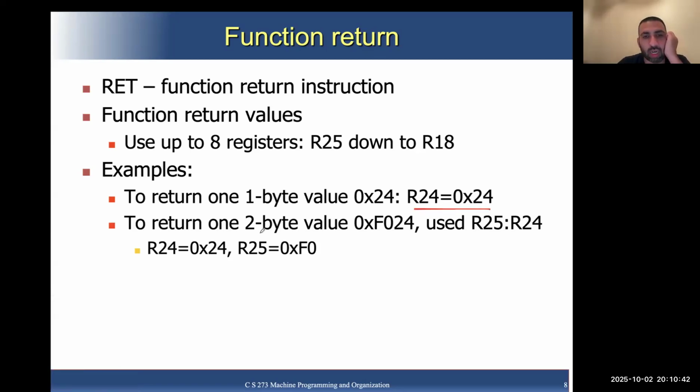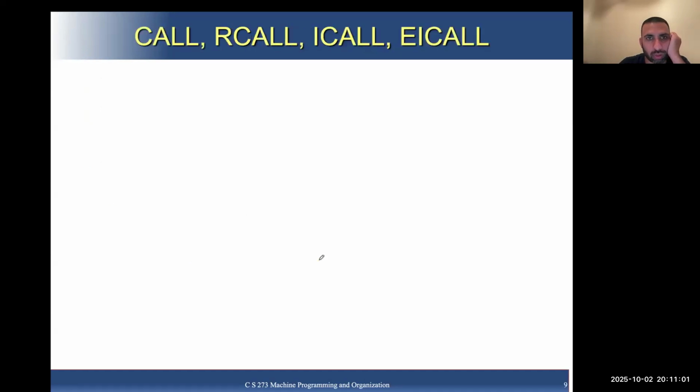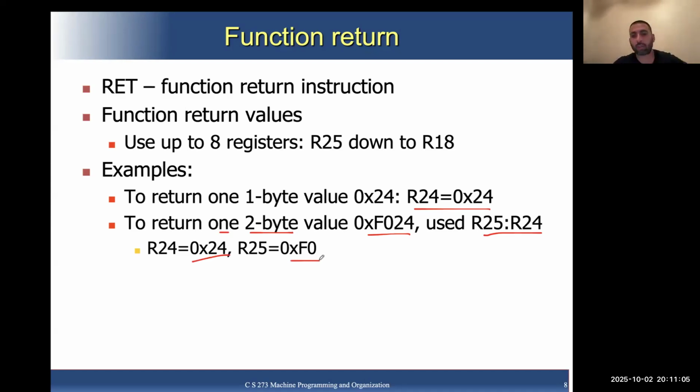And let's say if you want to return a single value but of size 2 bytes, say the value is 0xF024, then you will use the register pair R24 to R25. You will put the lower byte in R24 and the higher byte in R25. Okay. Any questions here?